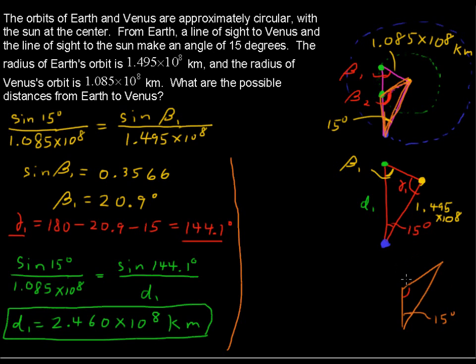All right, so beta sub 2, well, that's going to be 180 degrees minus beta sub 1. So let's write that down.